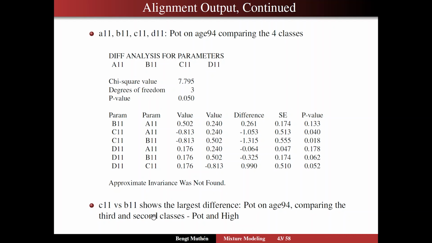So that's pot on H94 comparing the third and the second classes. And those are the pot and the high classes. So those who are substantive experts here can try to figure out what that means. So that shows you the usefulness of the alignment output in conjunction with the diff prior approach.